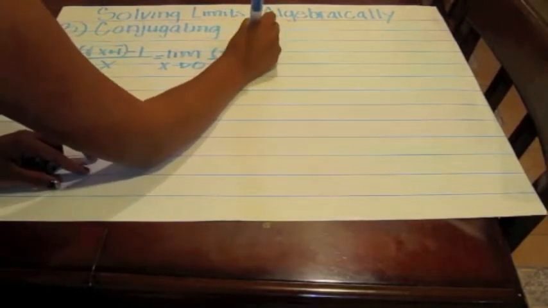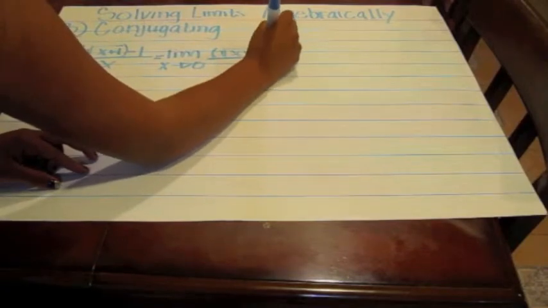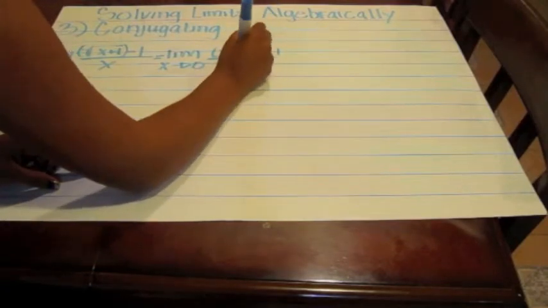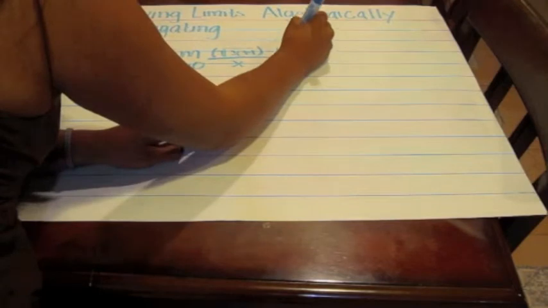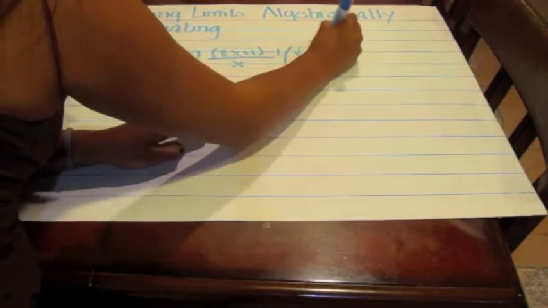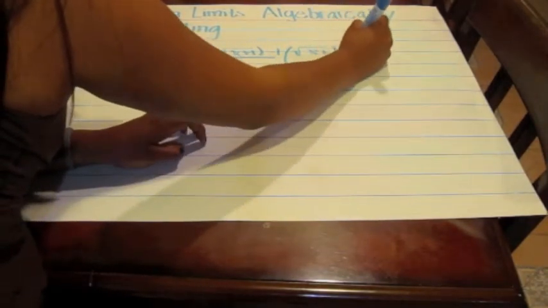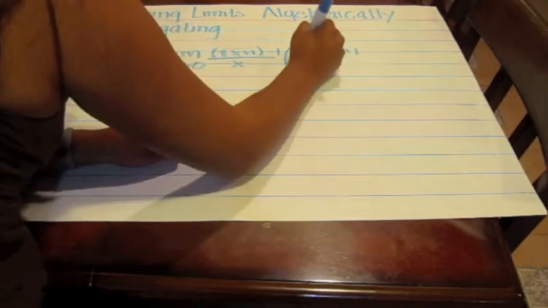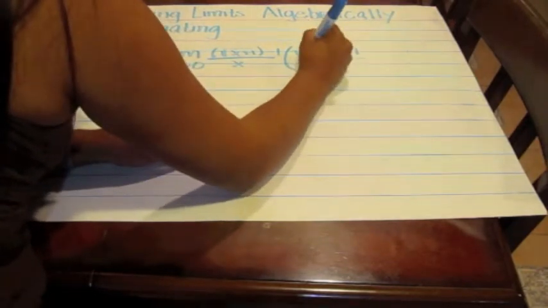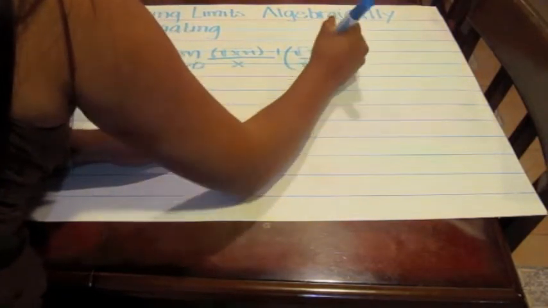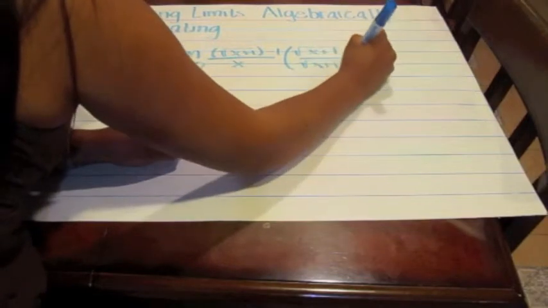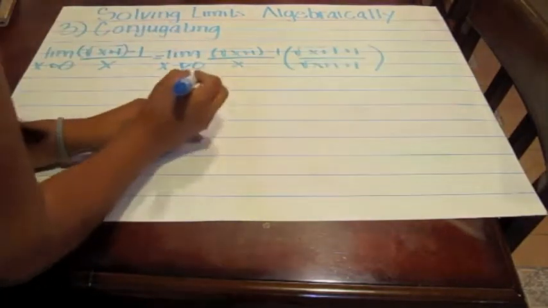With our example problem, the limit of the square root of x plus 1 minus 1 over x as x approaches 0, we multiply by its conjugate on both the numerator and denominator, which is the square root of x plus 1 plus 1 instead of minus 1.